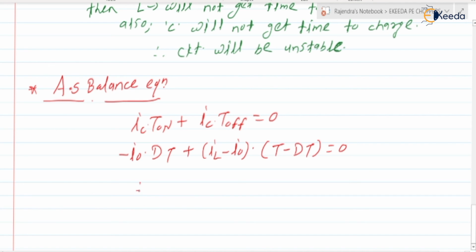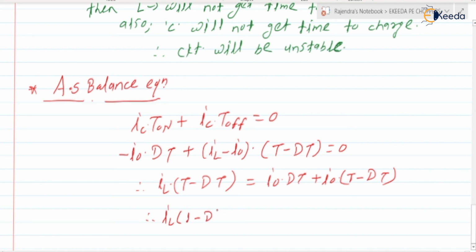Therefore we can write it as IL into T minus dt is equal to, shifting the I0s to the right hand side, I0 into dt plus I0 into T minus dt. So IL into 1 minus d into t is equal to I0 into dt plus t minus dt.